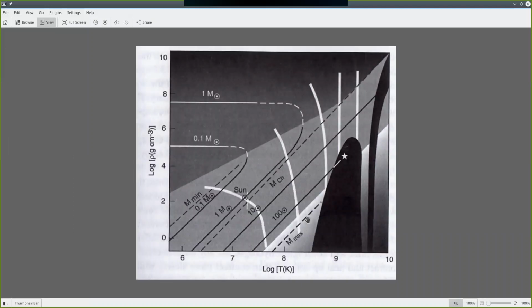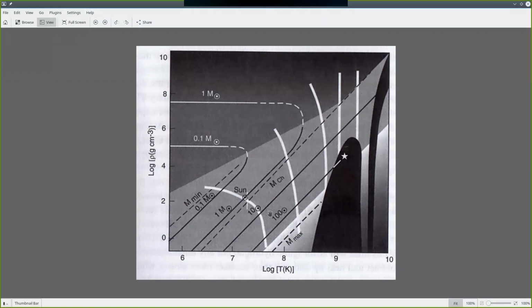Just to show, using the one from Dina, because I found the other. As you show, we can have the evolutionary track for the center in the plane with the temperature and, in this case, the density. Here we are seeing one point, the center, and how it should evolve.